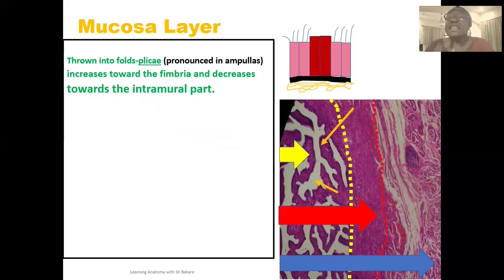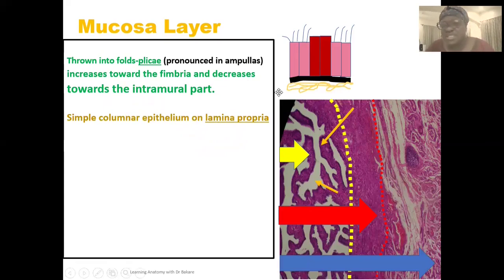Looking at what the mucosal lining is made up of structurally, the mucosal layer of the uterine tube is made up of a simple columnar epithelium that is located on the lamina propria. So you have the lamina propria underneath, while you have simple columnar epithelium overlying it.